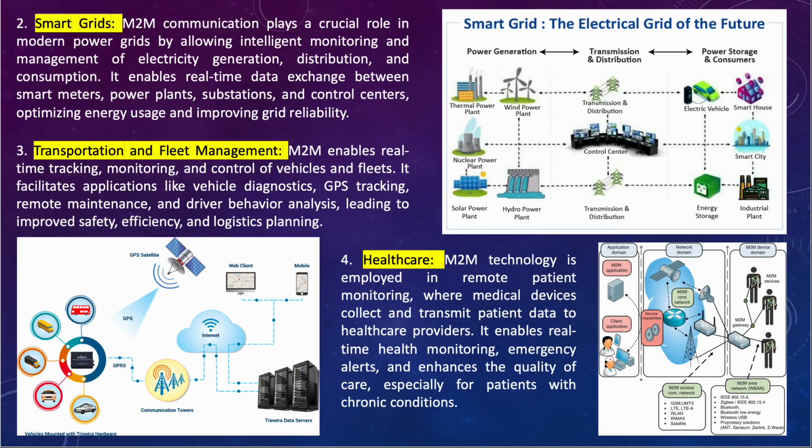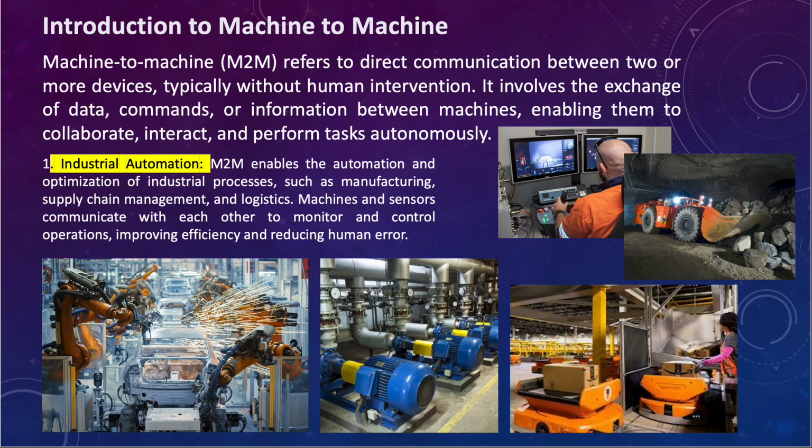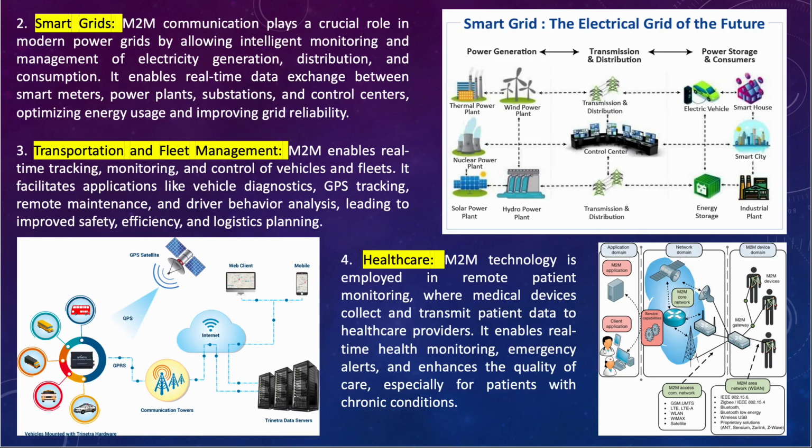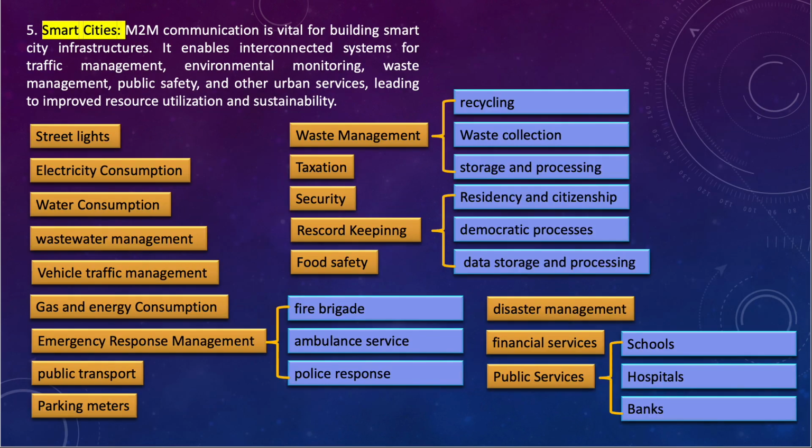So M2M is used in industrial automation, smart grids, transportation and fleet management, healthcare. So machines talking to machines. But if you take the examples we talked about earlier, this means part of IoT, either IoT systems talking to IoT. So today the difference between M2M and IoT is indistinguishable. It cannot be separated. We also have smart cities, we talked about them as well.